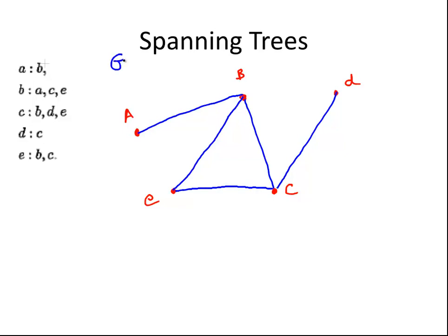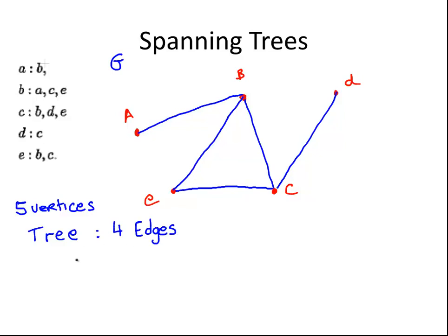Okay. So that's the graph G, but what we're going to do now is consider the spanning tree. So I'm going to look at each vertex there. We have five vertices, and we'll just see which edges we can remove to form a tree. Now, there are 5 vertices, so the tree must have 4 edges.